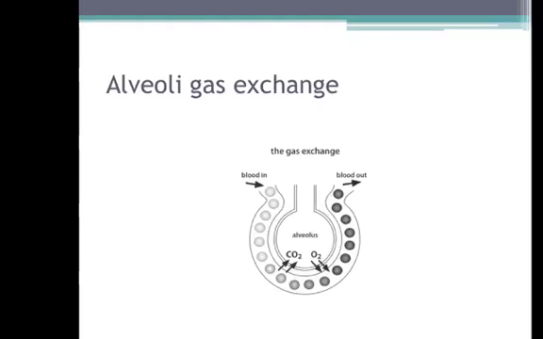It's going to leave the blood and go to the alveolus. Exact same thing is happening with O2. You've got more O2 after you did a breath in. The O2 is going to diffuse into the blood because the blood has a lower O2 concentration. So the exchange is occurring, and it's all because of diffusion and concentration gradients.